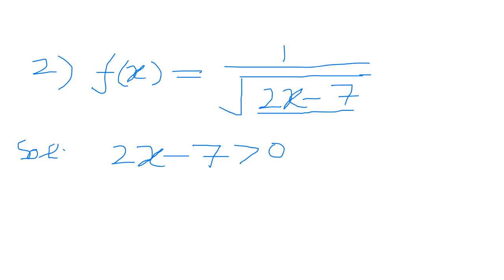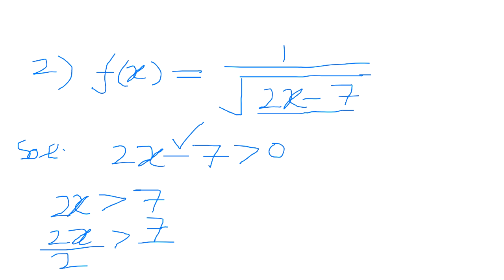If there is a square root, then use this rule all the time. 2x minus 7 greater than 0, equality not included. Now solve: 2x is greater than 7, the negative 7 moves to the other side and becomes positive 7. Divide by 2, so this 2 and this 2 cancel. So it comes easily: x is greater than 7 by 2.